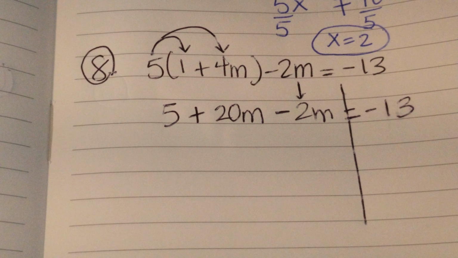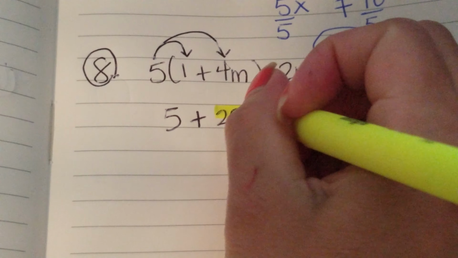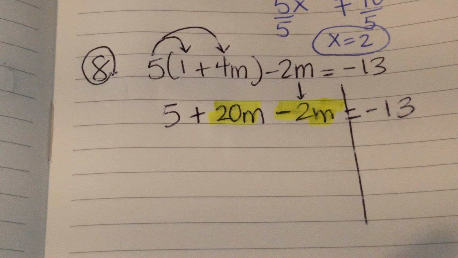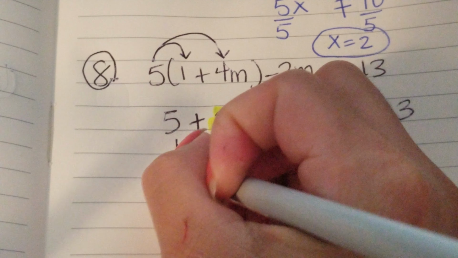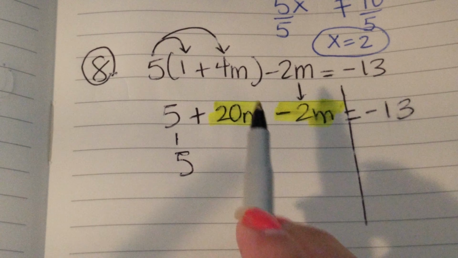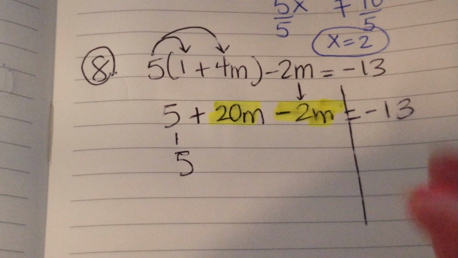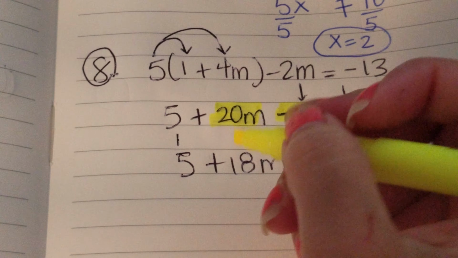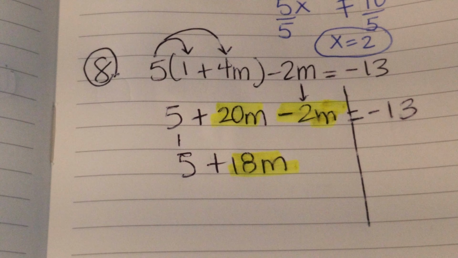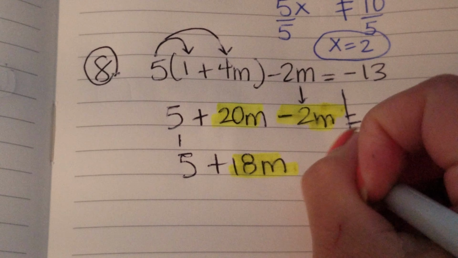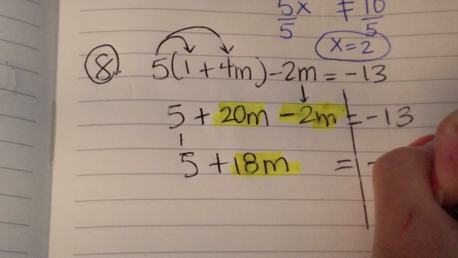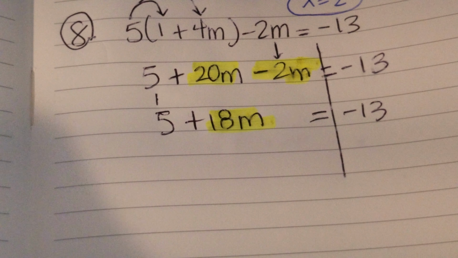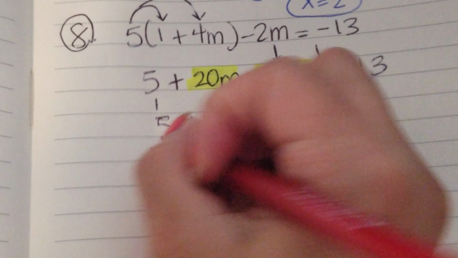So let me highlight those. You can combine 20m and minus 2m. 20m minus 2m. So this, I'm going to bring 5. And this is going to be 20m minus 2m will give you 18m, right? Equals negative 13. Okay, and from here I know what to do. Easy. Subtract the 5 on both sides.